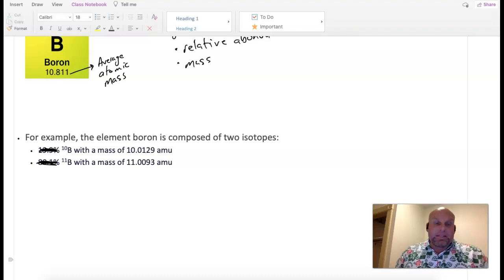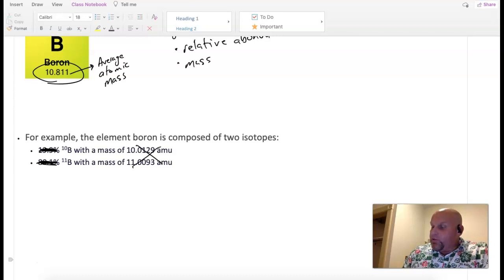So really all I know is that I have 2 isotopes of boron, boron 10, boron 11, and I can see the masses there. Really, I don't even need these masses. If I were to ask you which one of these isotopes would I expect to see more often, you can answer that question based on the average atomic mass value.